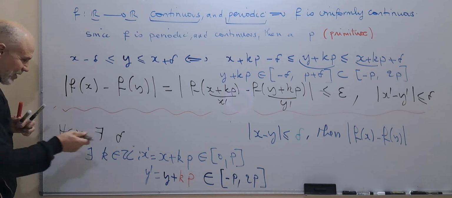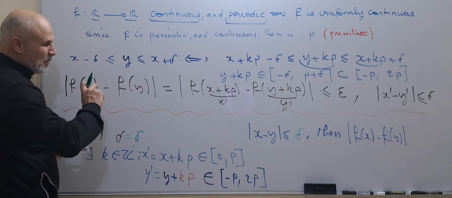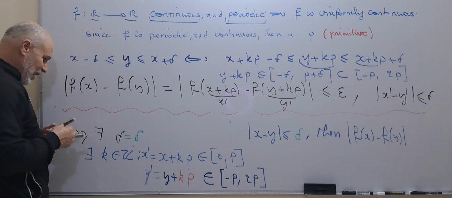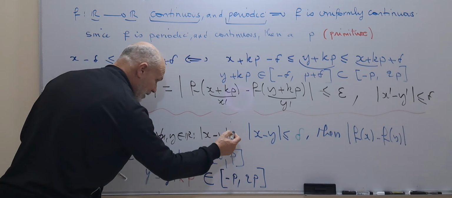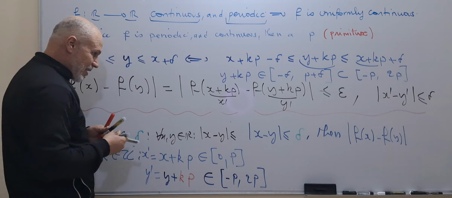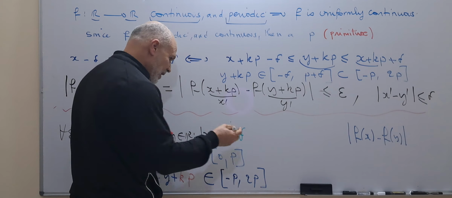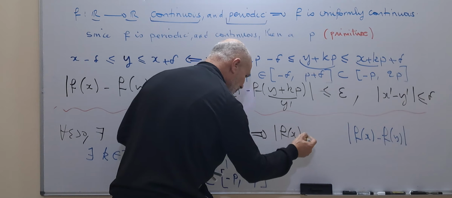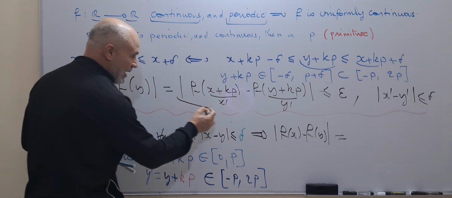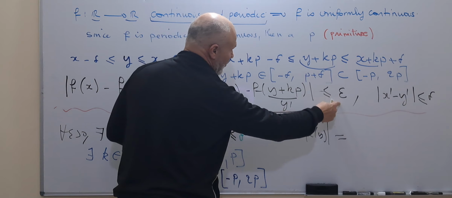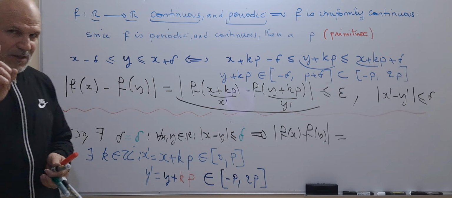This delta comes from the fact that f is uniformly continuous on the closed and bounded interval minus p to p, such that for all x and y from R which verify |x minus y| less than delta, this implies that |f of x minus f of y|, which is equal to this one, is less than epsilon since x prime and y prime belong to minus p to p. This finishes this video. Thank you very much.